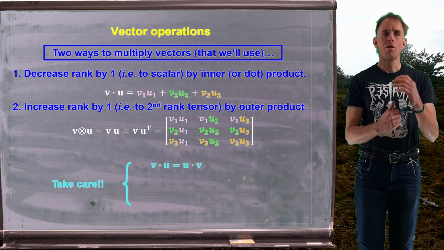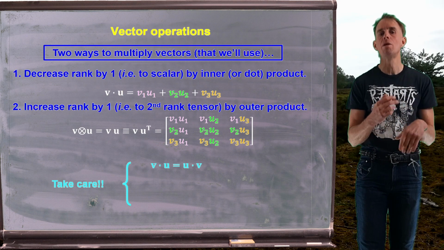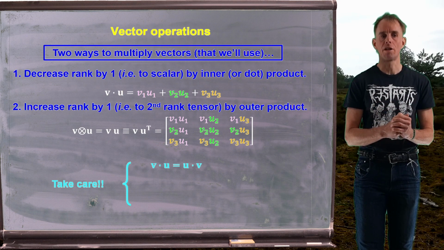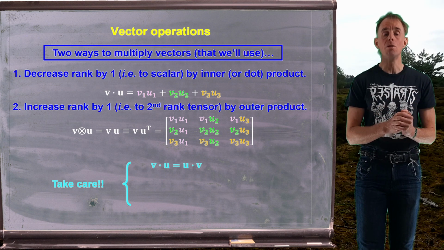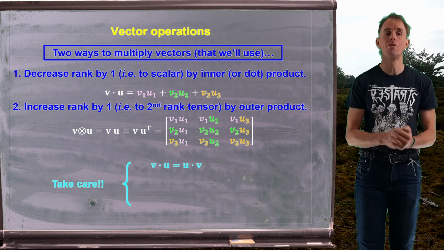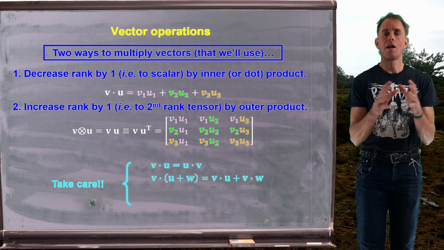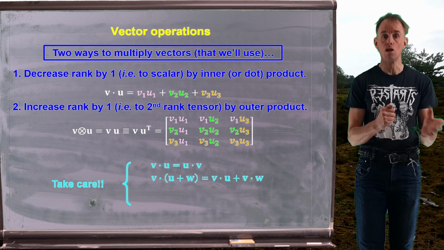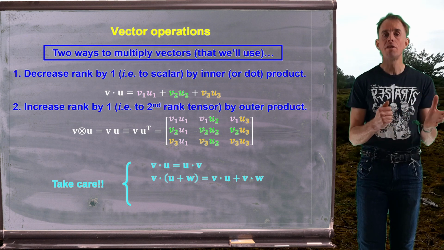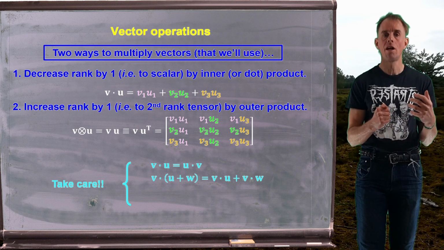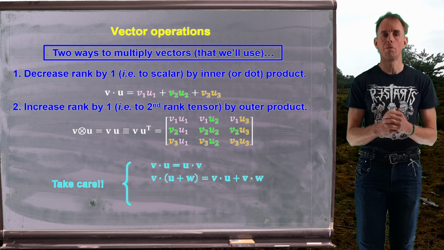Now, before we move on to second rank tensors, I'd just like to remind you of how we can apply these two types of products. So v dot u, the inner product of v with u, is the same as the inner product of u with v, so that's fine. If we look at a bracket of, let's say, two vectors added together, u plus w, and then the dot product of that entire bracket being taken, we have this distributive property where v dot (u plus w) is just the same as v dot u plus v dot w.